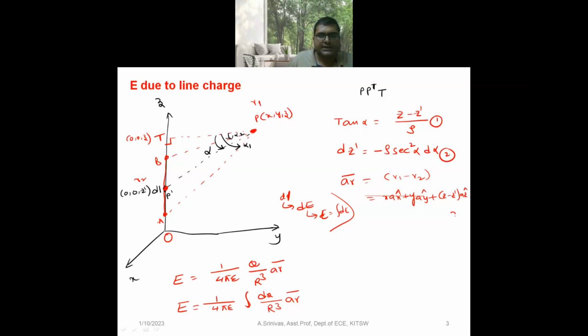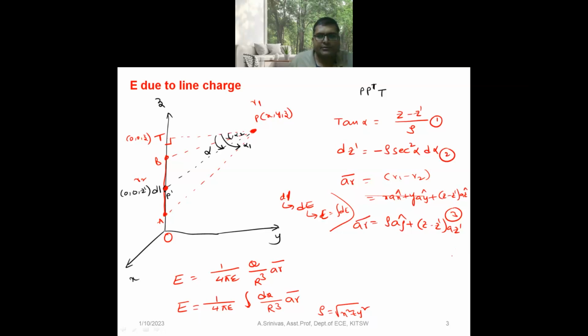Let it be equation number 3, where the terms x ax plus y ay, already we know the value of rho is equal to square root of x square plus y square. So this can be written as rho arrow cap plus z minus z dash az cap. It is ar bar.